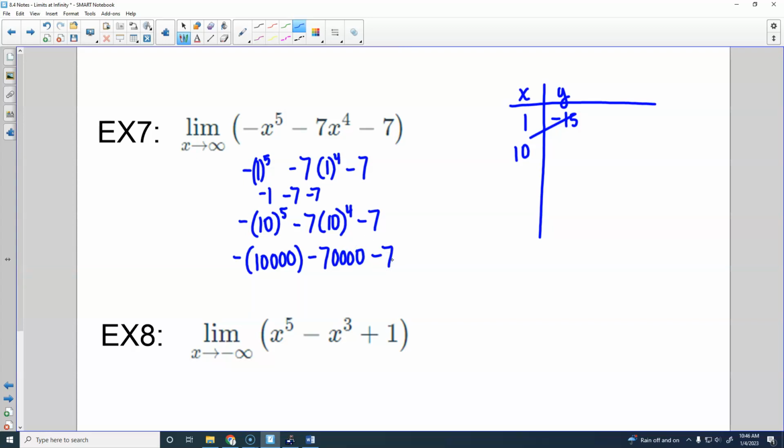Yeah, you're right, I didn't put enough zeros there. Negative 100,000 minus 70,000 minus 7, so we get negative 170,007.